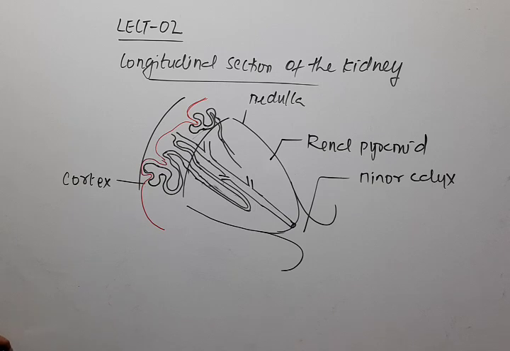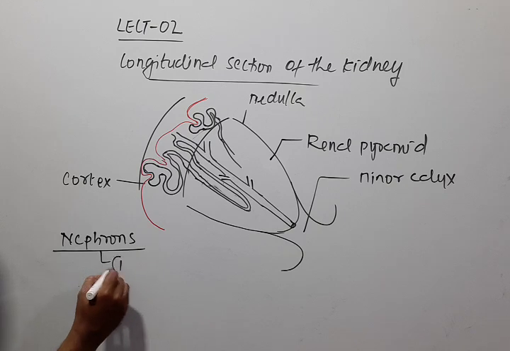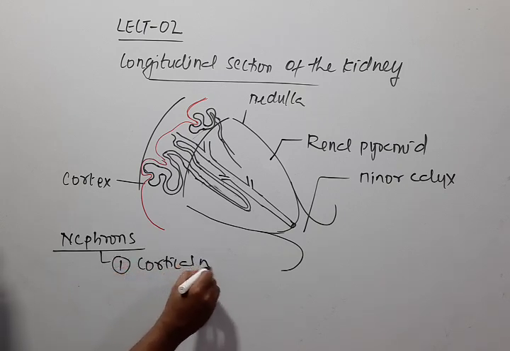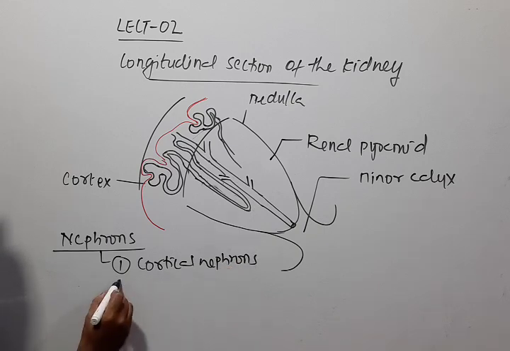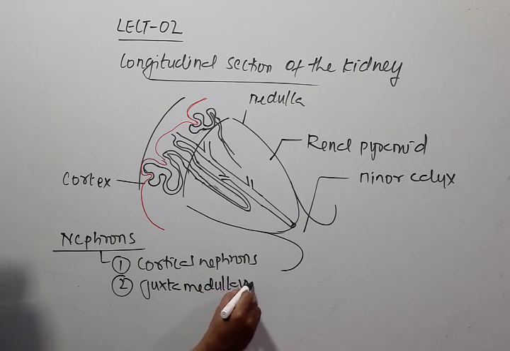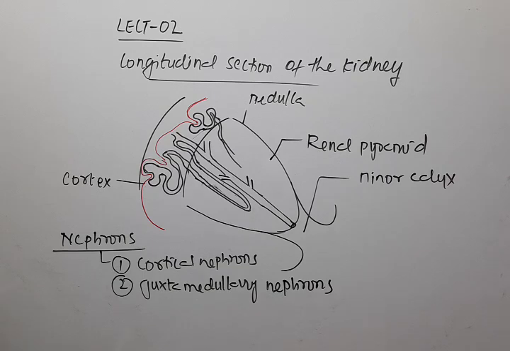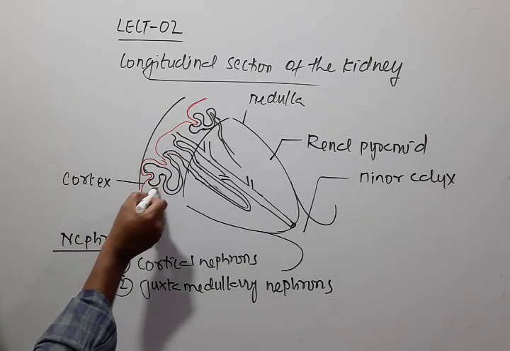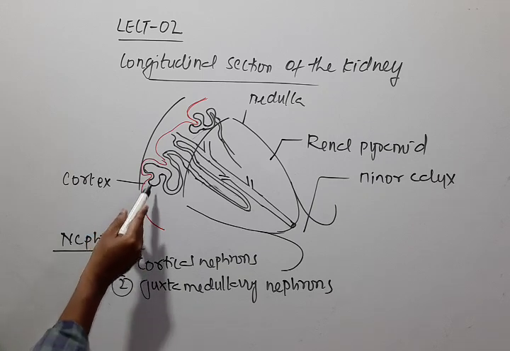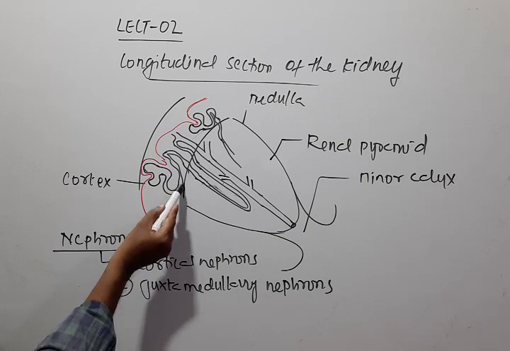Now these nephrons we actually classified into two types. So the nephrons are of two types. One is called cortical nephrons, and another one called juxtamedullary nephrons. Now you can see, this is a cortical nephron. In the case of the cortical nephron, you will find the renal corpuscle little away from the medullary region.